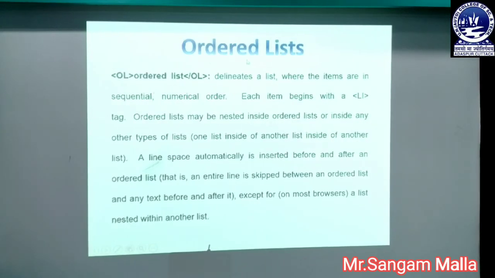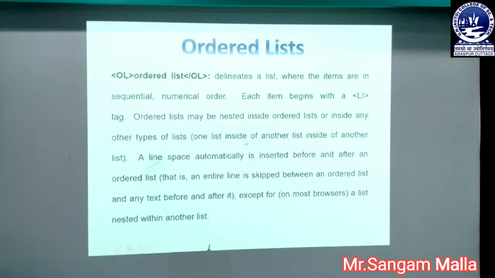Another category of list is the ordered list. The ordered list is another category of list where there is a chance of giving numbered bullets to the text. So what do we mean by the ordered or OL tag? It delineates a list where the items are in sequential or numerical order. Each item begins with an li tag. An ordered list may be nested inside an ordered list or inside any other type of list.